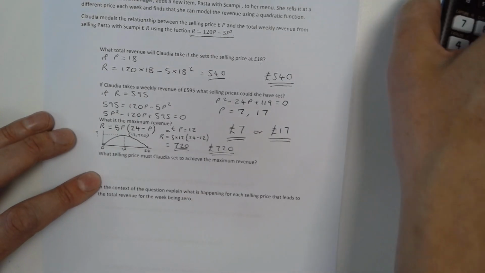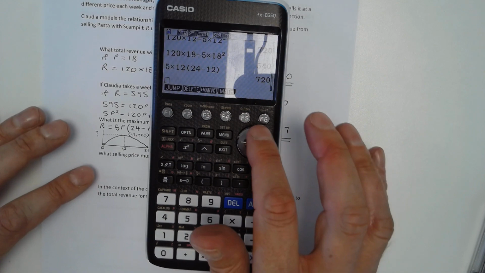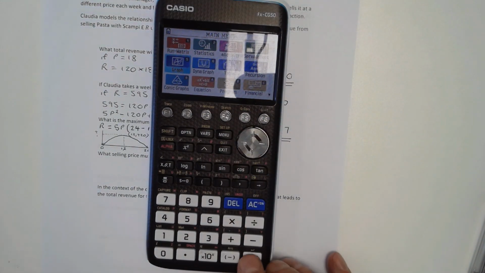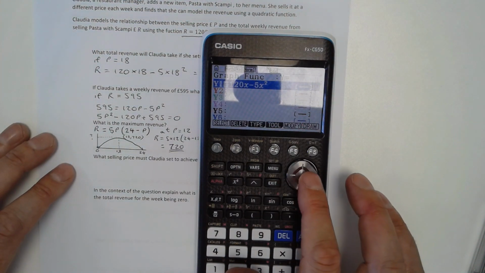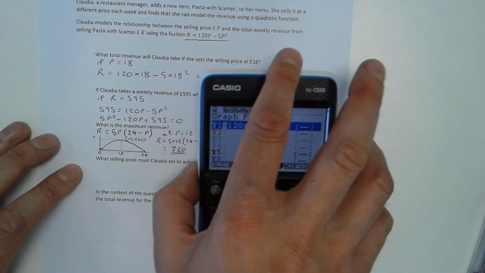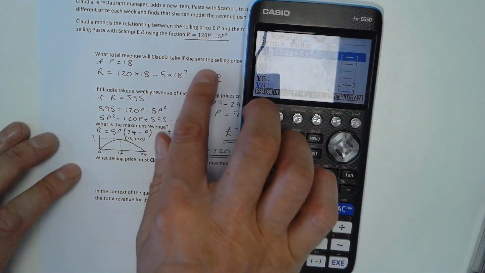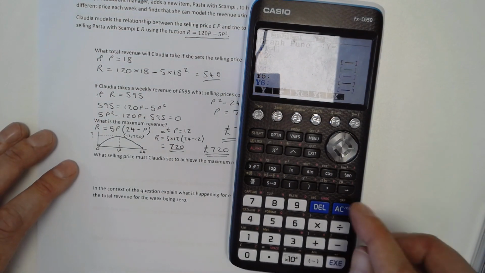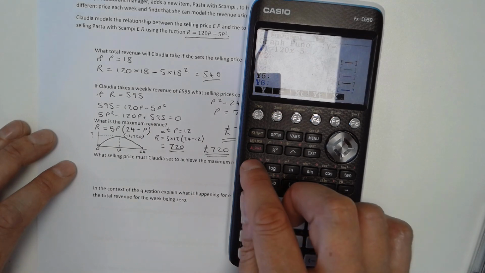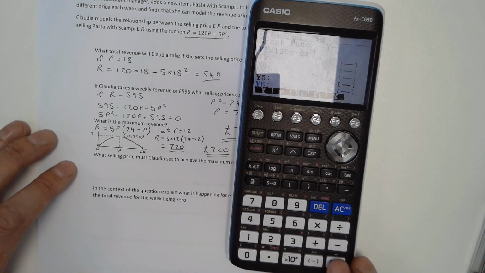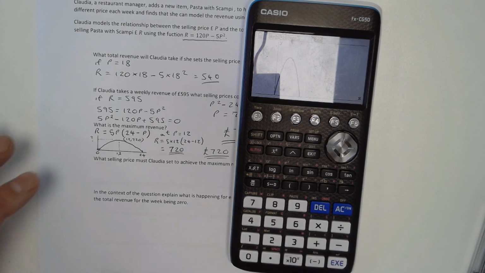Now I'm going to check that on the calculator. I'm just going to make sure I've got this right. If I go on to graph mode and draw this graph, I can put it in as either format, but I'll use the original format. So I've just deleted it. So 120x minus 5x squared. If I draw that, I get a graph that looks like that.